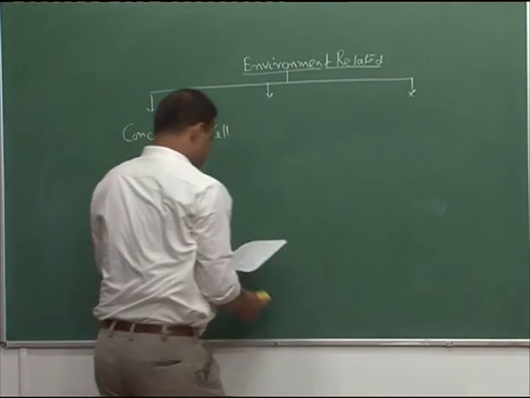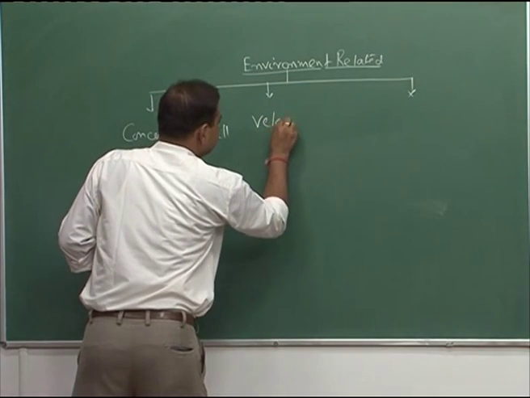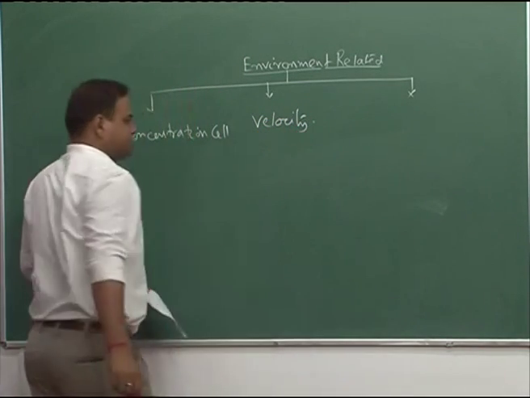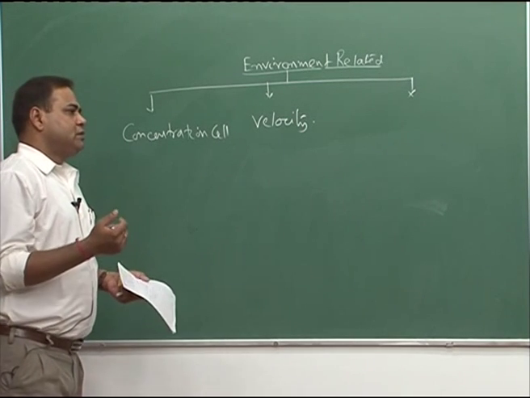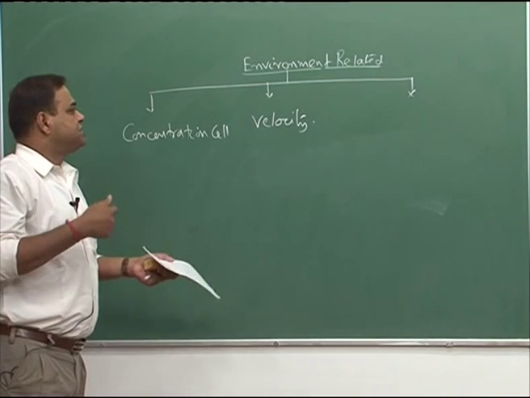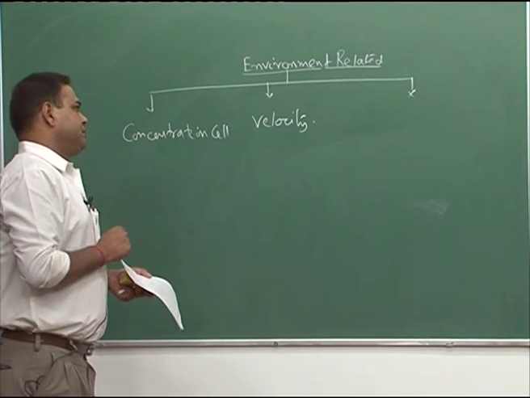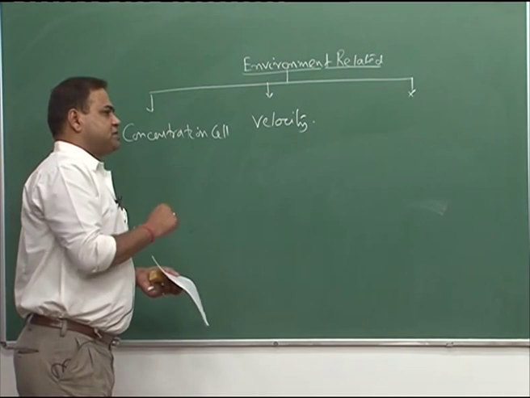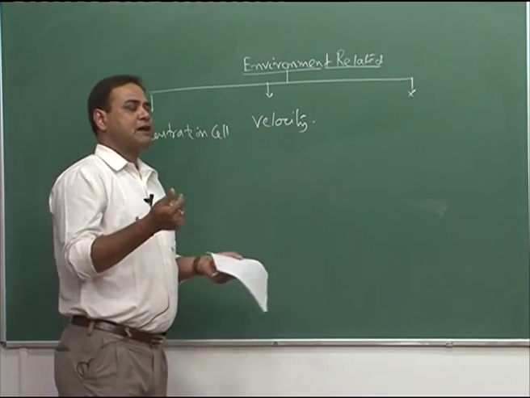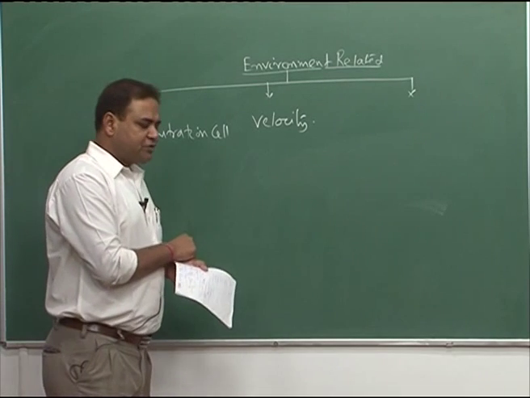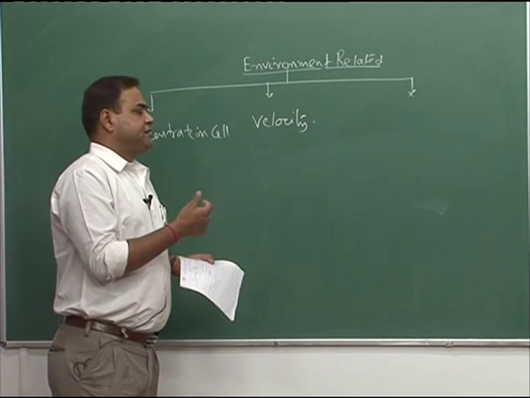Now, there could be another issue, which is a velocity related problem: the velocity of the corrosive electrolyte. Depending on the velocity of the electrolyte, there could be change in corrosion phenomena. For the same corrosion phenomenon, let us say pitting, if we have low velocity, a stagnant solution, or in case of crevice, if we have stagnant solution, the formation of pitting or crevice corrosion would be aggravated.